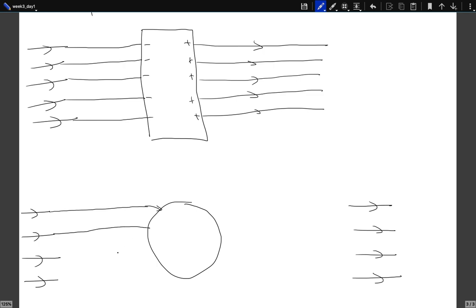This will bend slightly, this will bend slightly, this will bend strongly, so that the electric field lines at every point on the surface will be perpendicular to it.